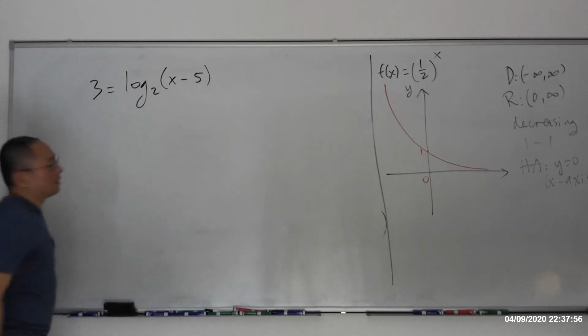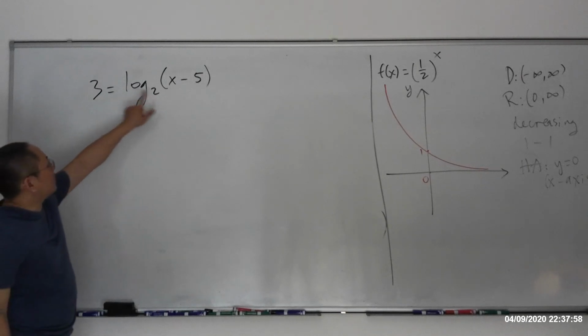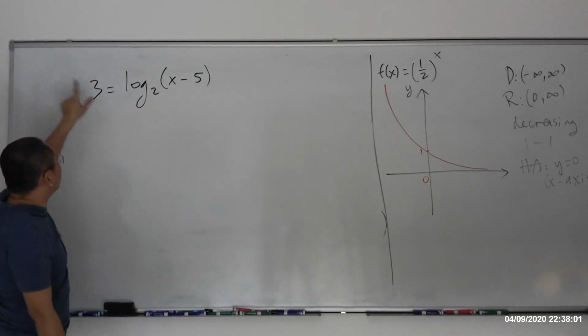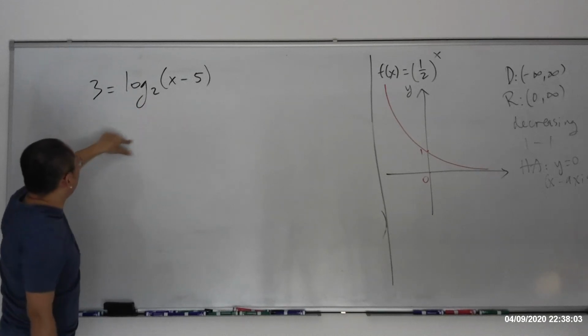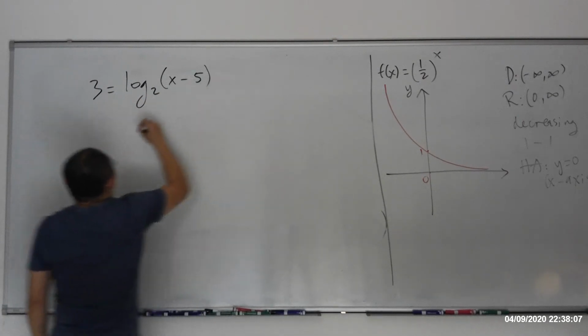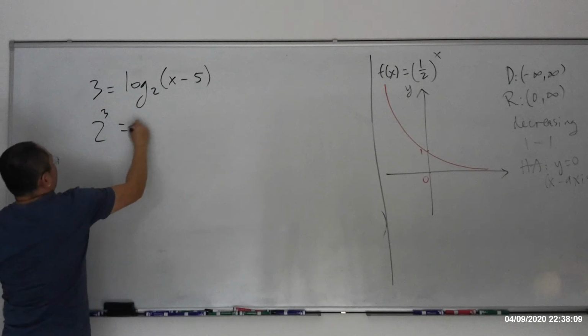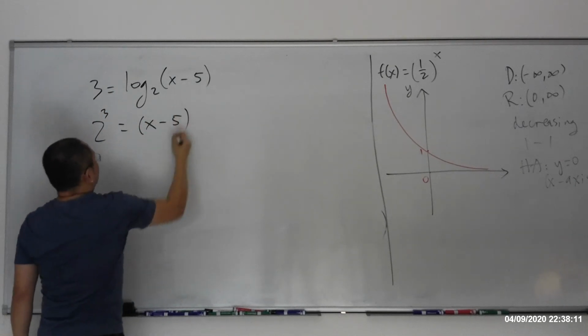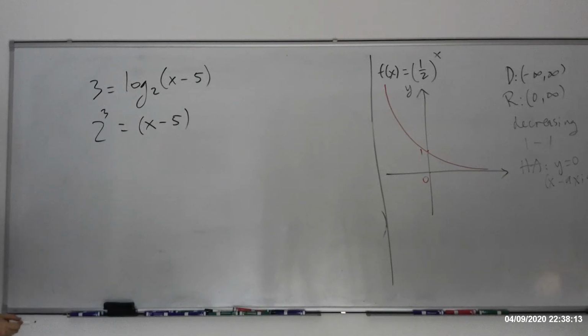And what do I mean by this? The base is 2. The exponent is 3. And then 2 raised to the third power is going to be equal to x minus 5. So 2 to the third is equal to x minus 5. Okay? I'm not trying to solve it, just trying to show you what the log notation means.